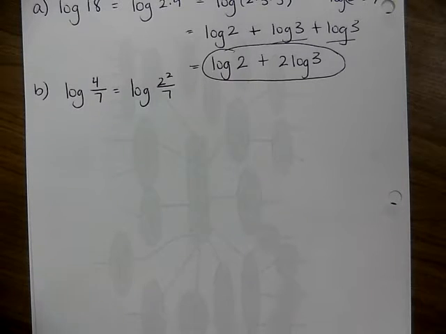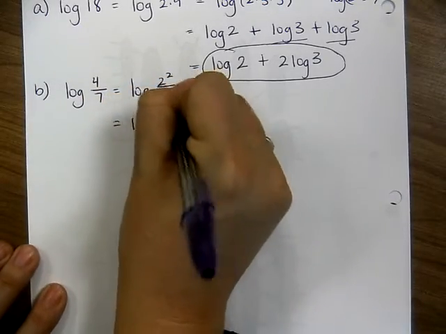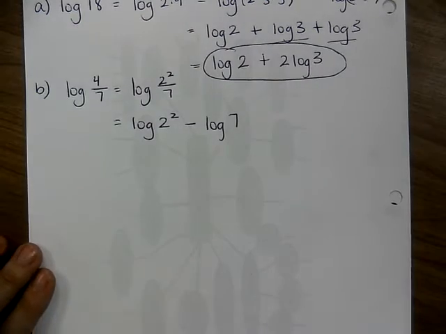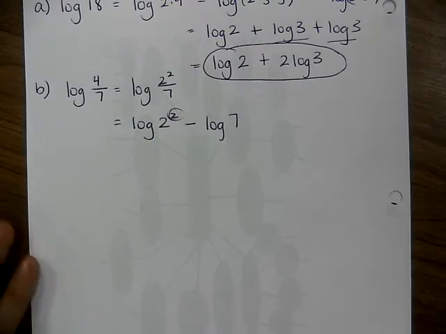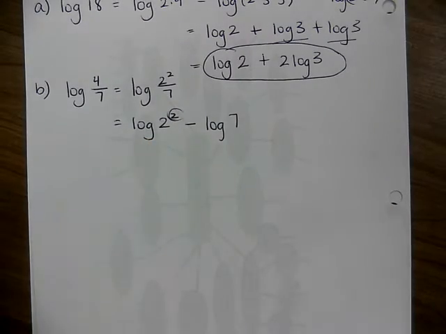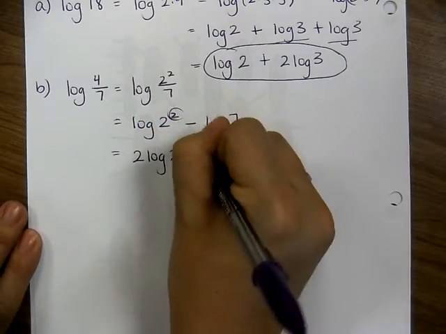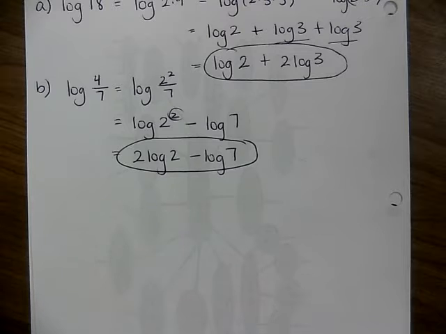And if you're dividing, what do you have to do to expand it? Change it to subtraction. So this is going to give me log of 2 squared minus log of 7. But this still isn't done because of this power right here. What can you do with the power? Just pull it out front. So we're going to get 2 log of 2 minus log of 7.